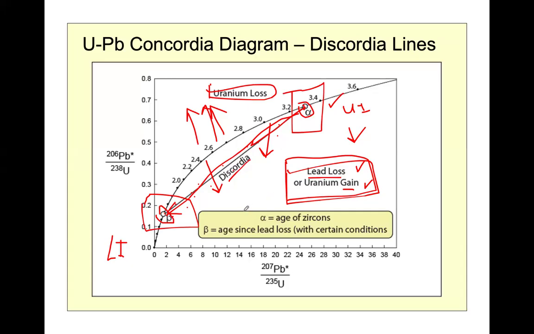That will cause some deviation, giving discordant ages. But if those discordant ages are systematic, then you can have an upper intercept and lower intercept corresponding to the crystallization timing of your rock and the time of finishing of this equilibration, the lead loss event.